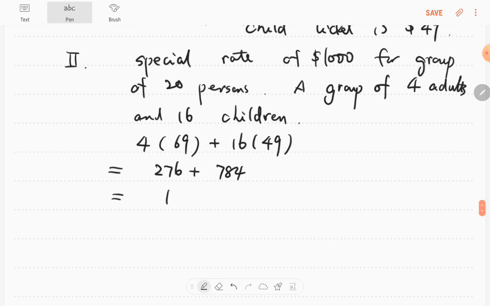So putting it together, we get $1,060. If we do not use the special rate, we need to pay $1,060.